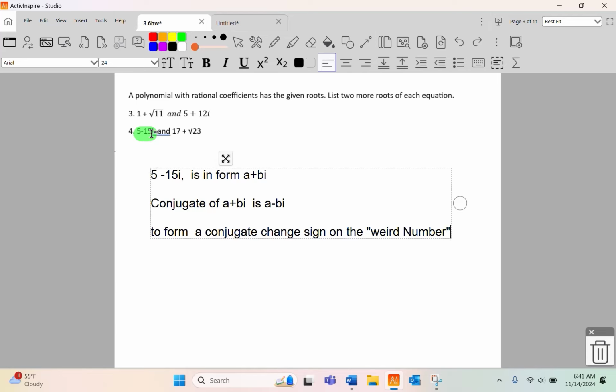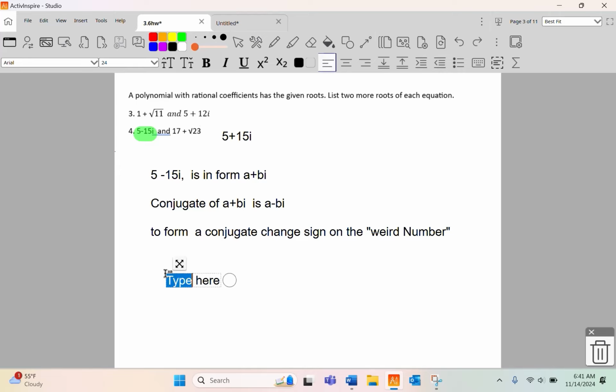And what's weird here is the 15i in 5 minus 15i. So 2 more roots are going to be 5 plus 15i. That's one of them. Then I have this guy here, the 17 plus square root of 23. The root of 23 is the weird piece, okay?